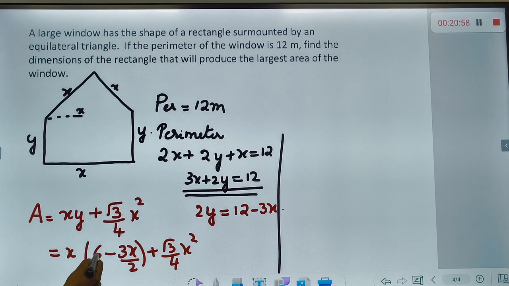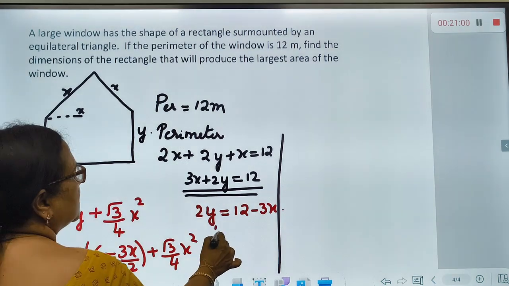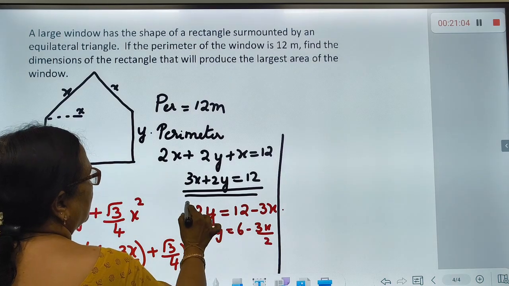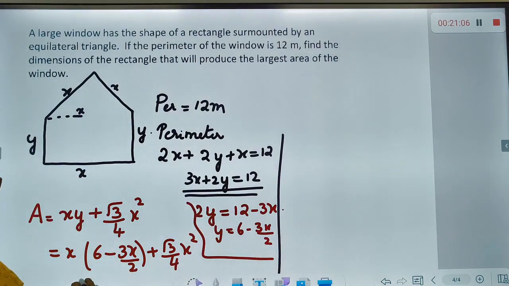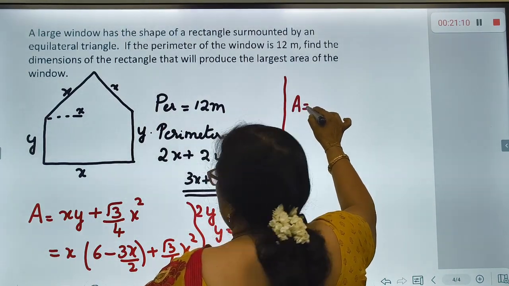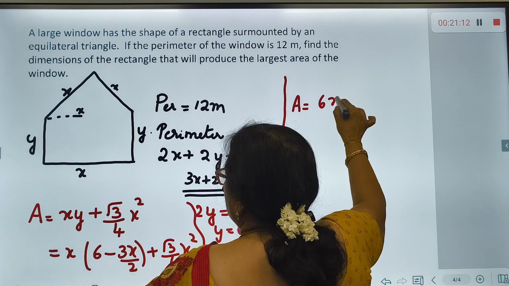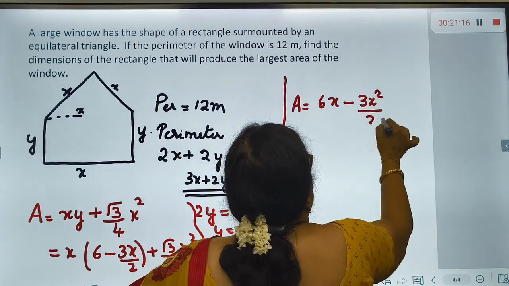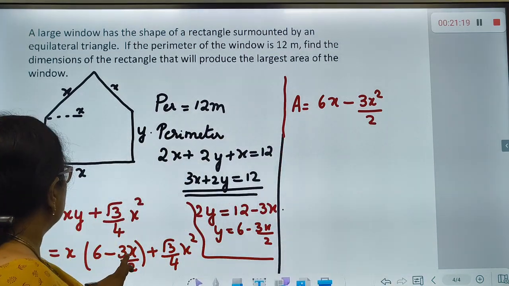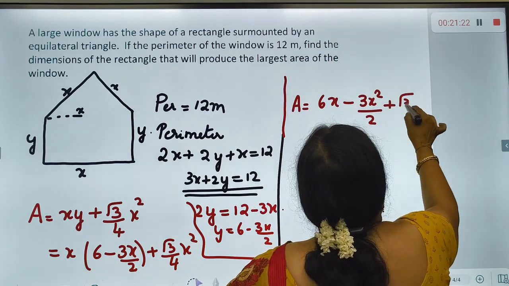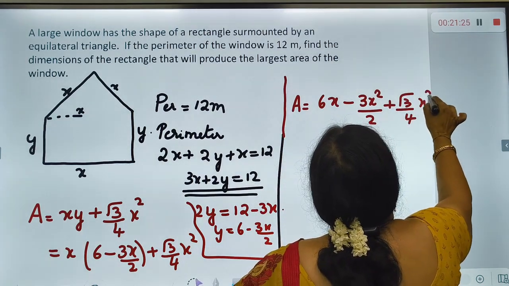So I have replaced it as y, 2y is this, so y equal to 6 minus 3x by 2. I have substituted. So the area function will now be equal to 6x minus 3x square by 2 plus root 3 by 4 x square.